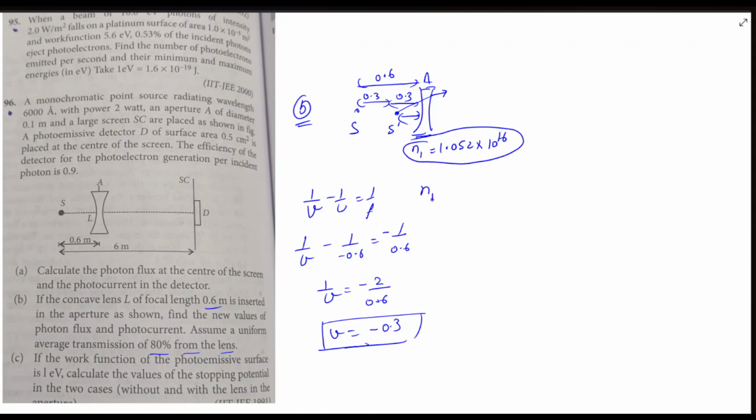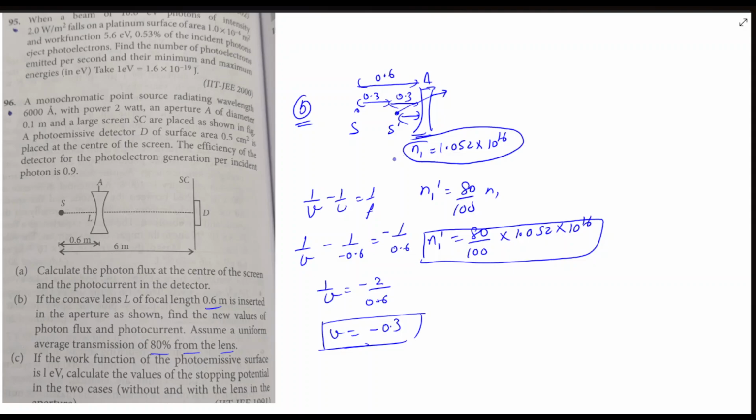Let's find N1 dash. It will be 80 by 100 of this N1, so 80 upon 100 into 1.052 into 10 raised to power 16. Only this will be our new N1.